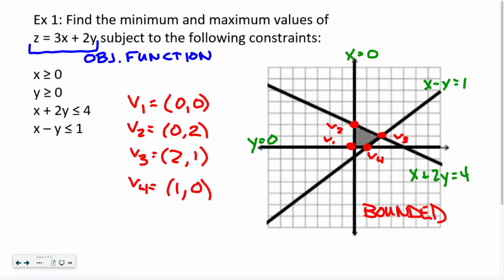If I'm testing 0, 0, I'm doing z equals 3 times 0 plus 2 times 0, which is 0. So z equals 0. If I'm testing 0, 2, 3 times 0 is 0 plus 2 times 2 is 4.